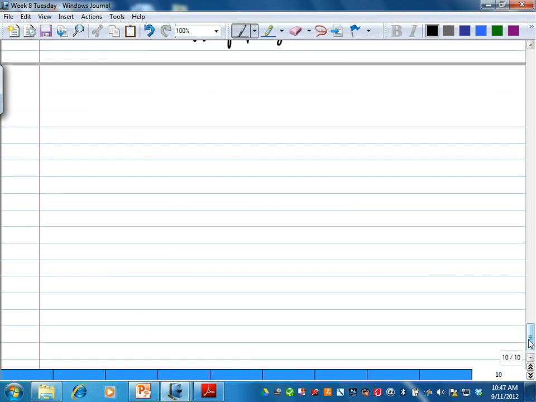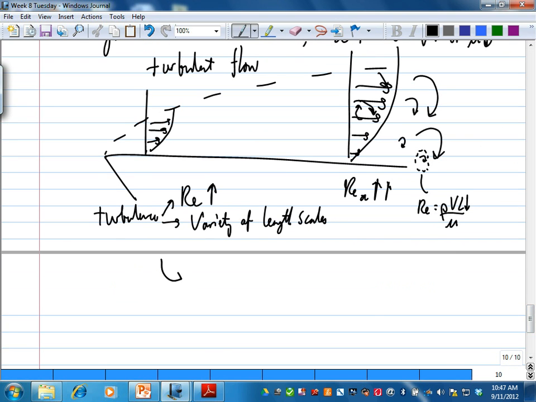Okay, what else? Re high, variety of length scales, and it is normally 3D. All right, so 3D with vortex tubes in all directions. Okay, so they'll turn here, there, and so on.